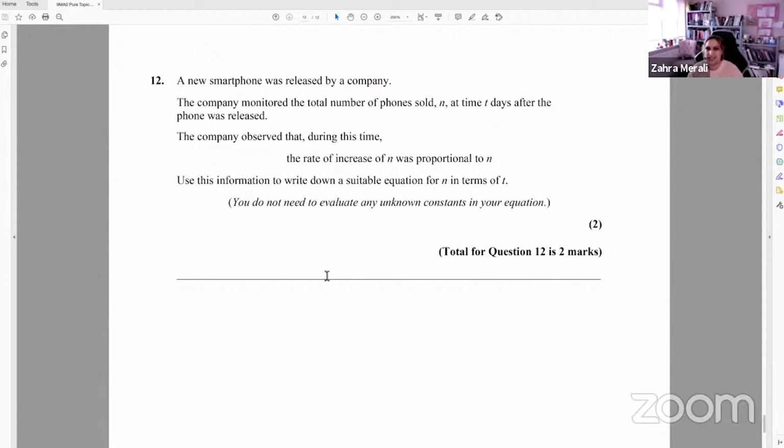I wouldn't worry too much about this, but it's trying to get you to realize that if the rate increases, the other thing increases, which essentially tells you you've got an exponential curve. So you know that n equals A e to the KT, and it's going up, so it's not minus. That's all you had to write to get those 2 marks.